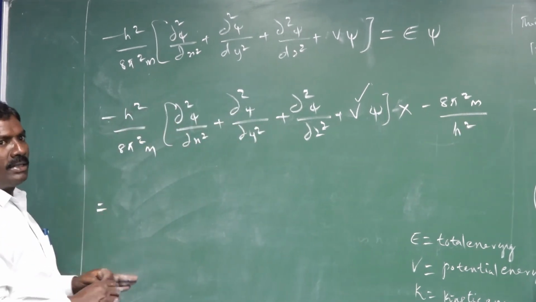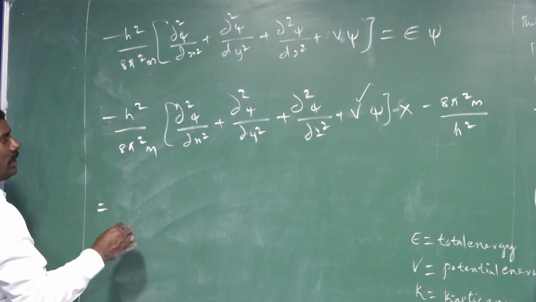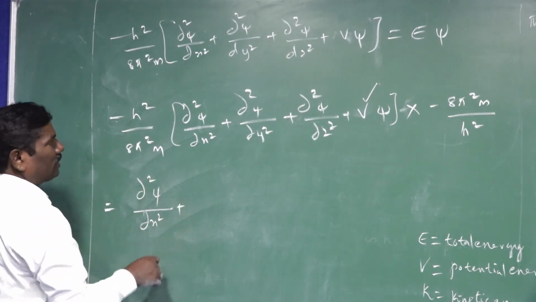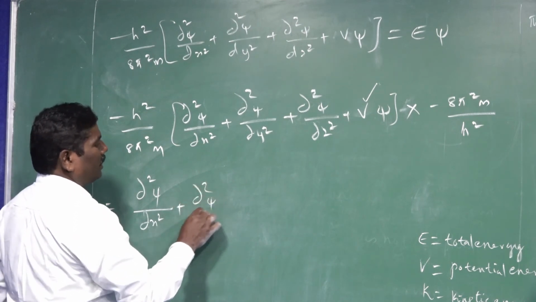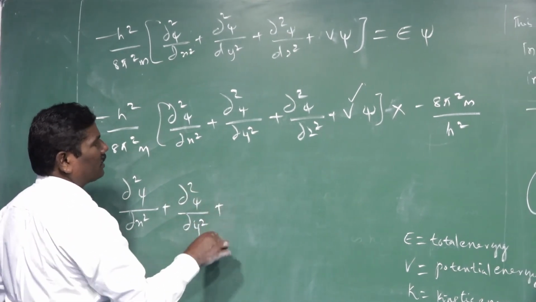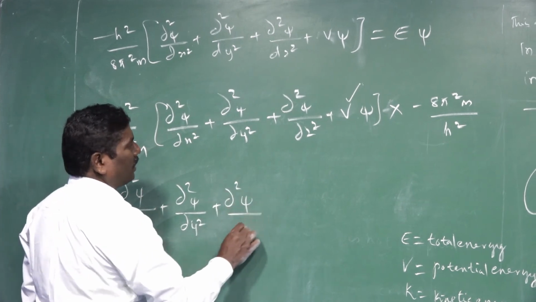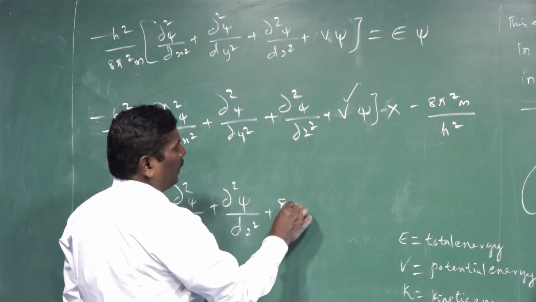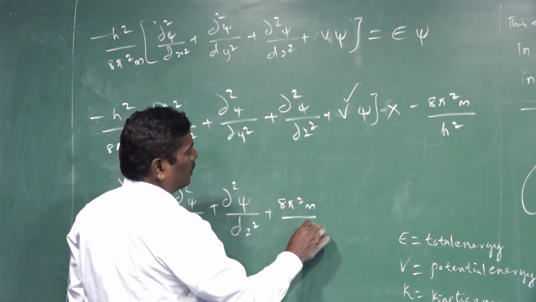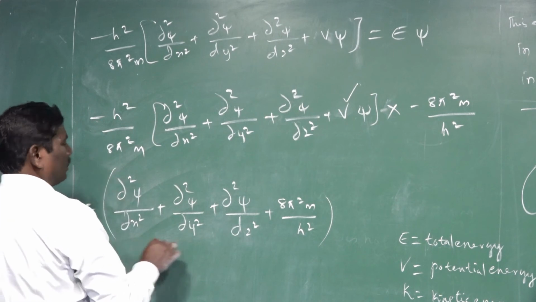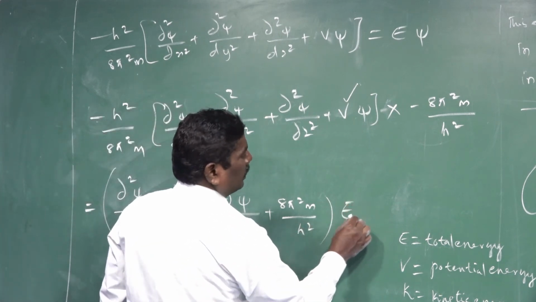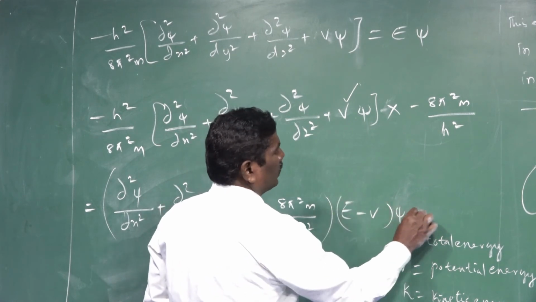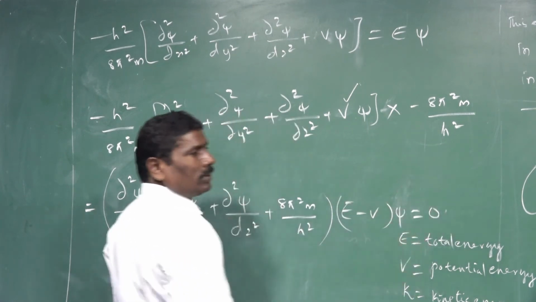Finally, you will rearrange these equations. You will get del square psi by del x square plus del square psi by del y square plus del square psi by del z square, plus 8 pi square m divided by h square into E minus V into psi, the whole equal to 0.